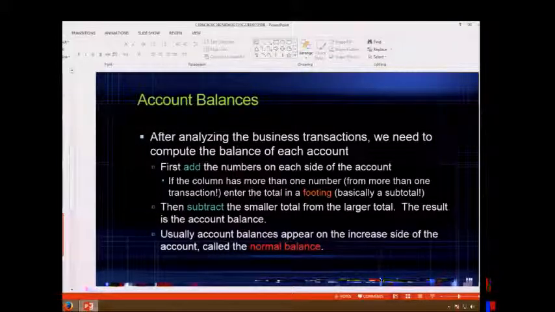If I got a negative number, which would mean that my balance was on the credit side, that would mean that my bank account was in the hole, right? That's not normal, right? Normally, if I'm a business, I want my balance to be on the debit side because that means I have money, right? So that's why it's called the normal balance, the side that I normally would expect to see the balance on. And like I said, for the accounts we're going to do, it should always be on the increase side, okay?